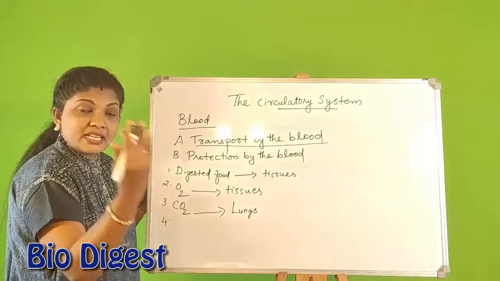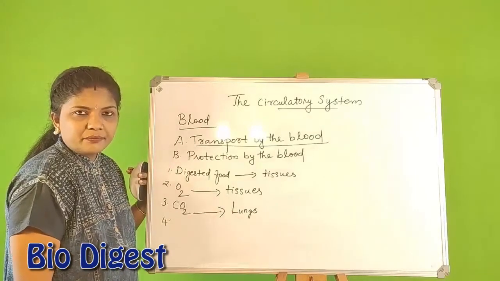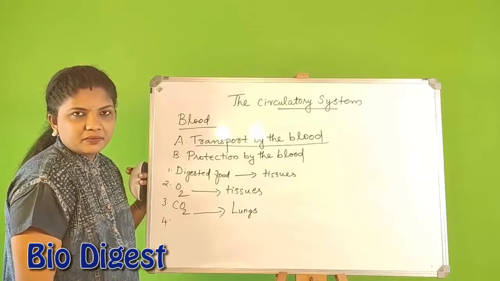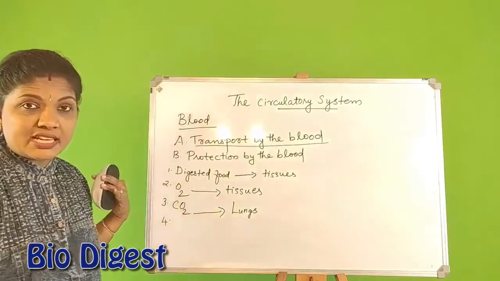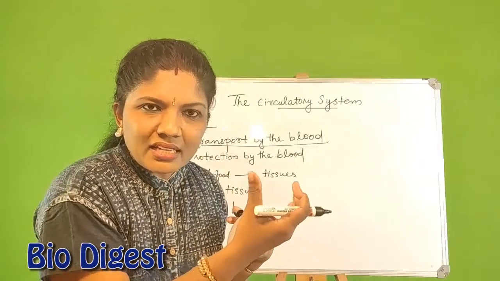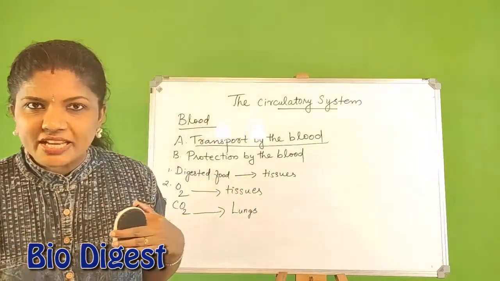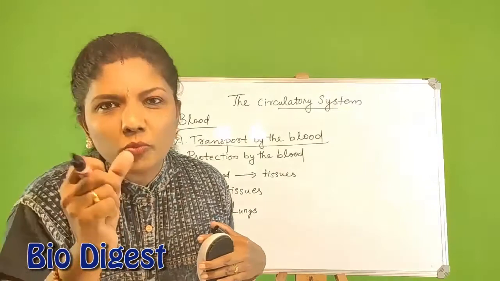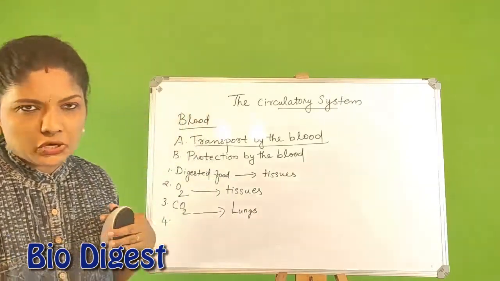While we studied the endocrine system, we learned that there are certain secretions that are poured directly into the blood. So it is the blood that carries these secretions, the so-called hormones, to the target organs.